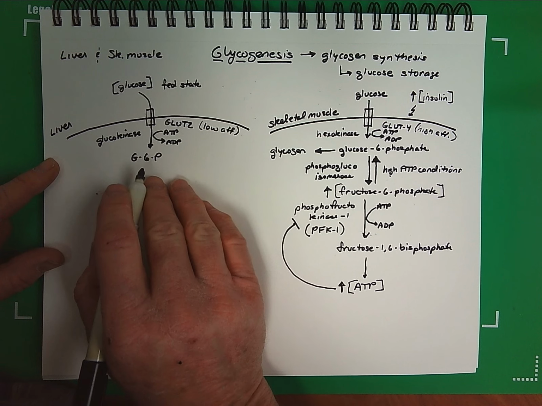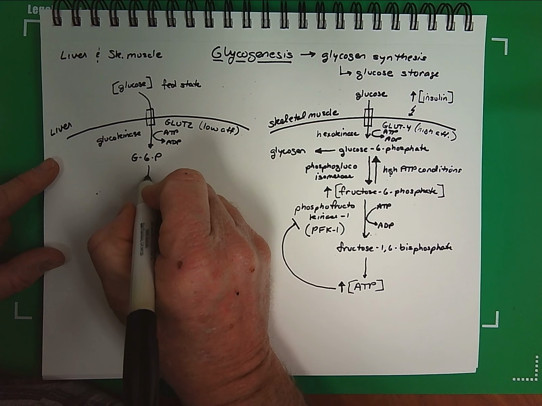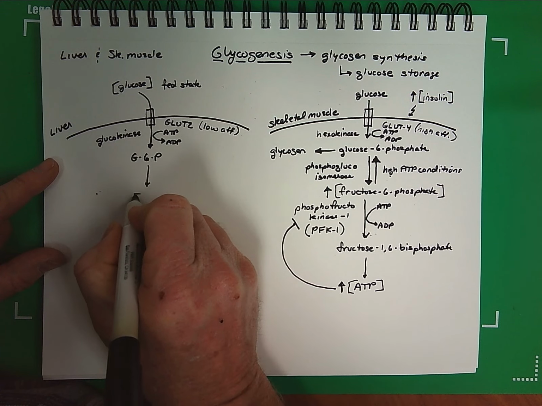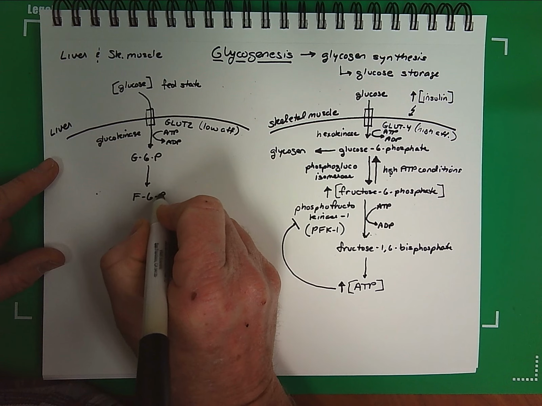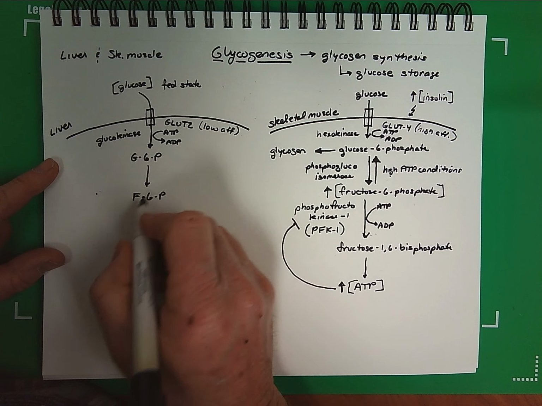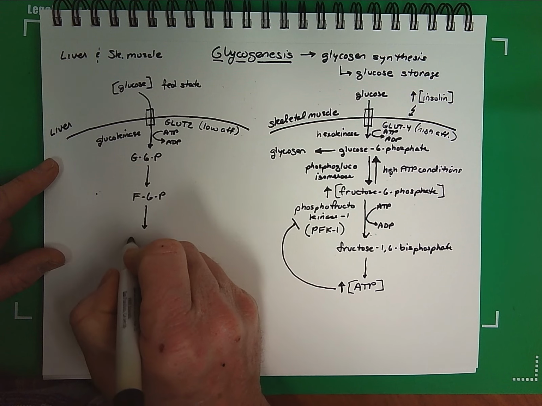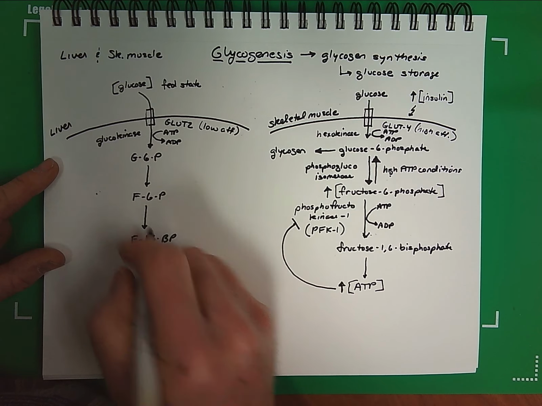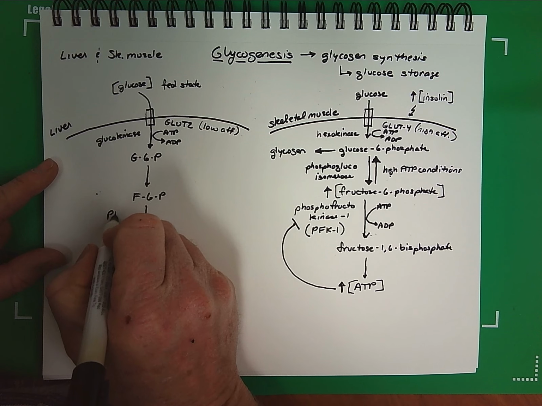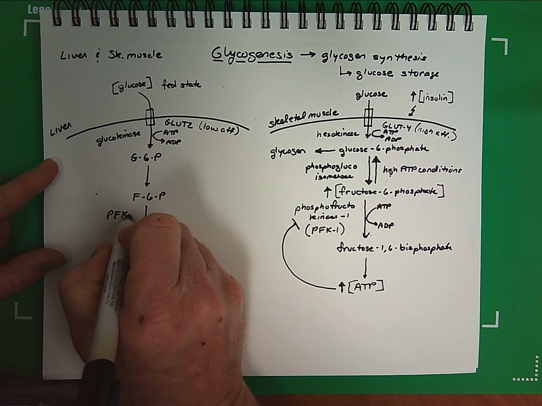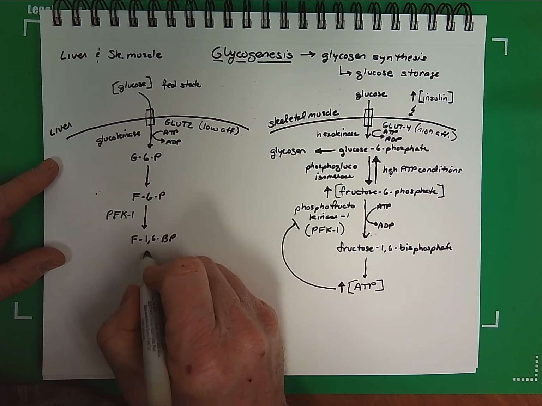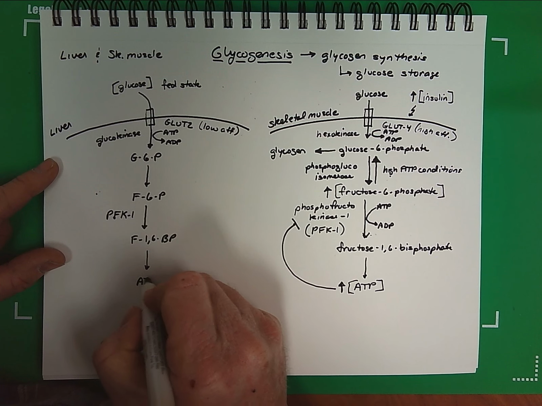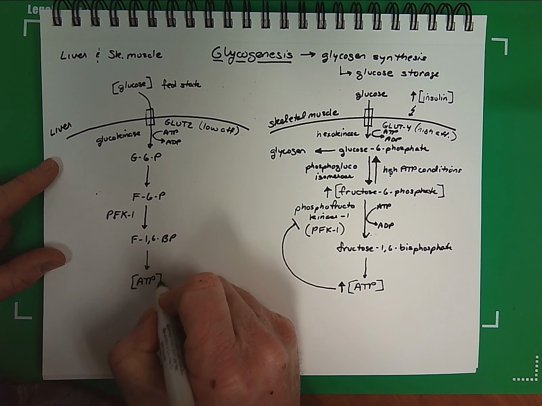And very much like skeletal muscle, we will be converting this by the isomerase activity into fructose 6-phosphate. The next step is to fructose 1,6-bisphosphate, and again this is the same PFK1. Same considerations as skeletal muscle.